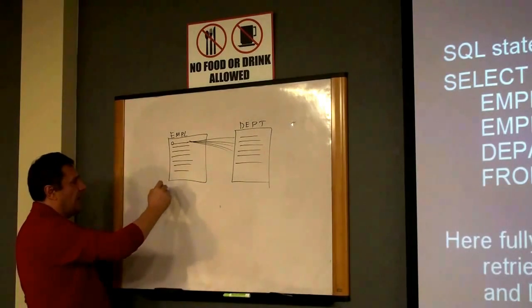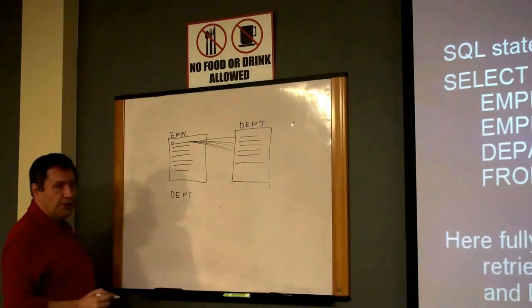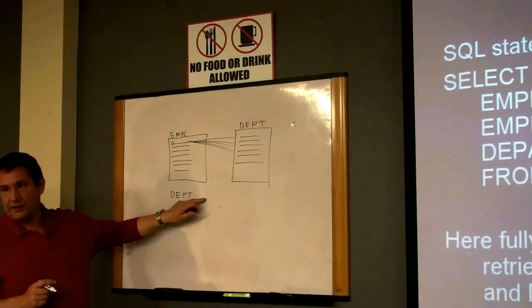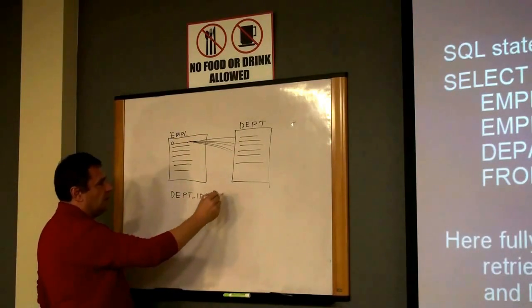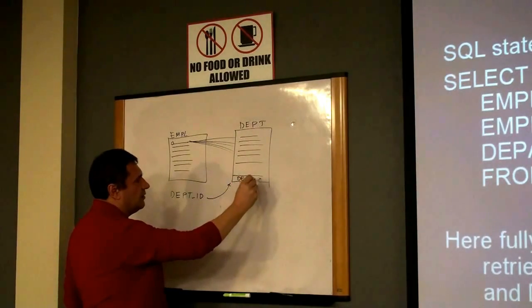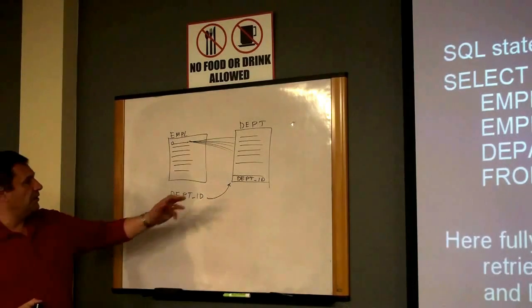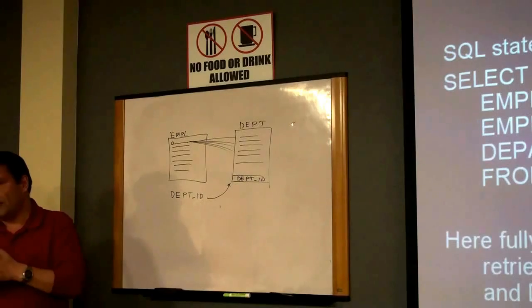Remember that the employees table has a field which is called department ID, and each individual person except one has a department ID specified. We'd like to link this department ID with this department ID, and say, please retrieve only values where these two department IDs coincide.